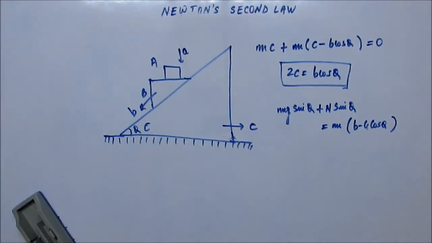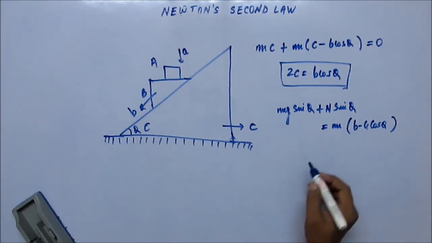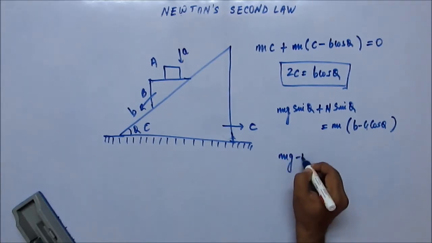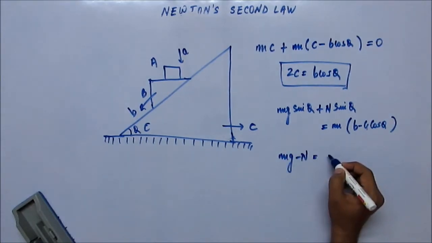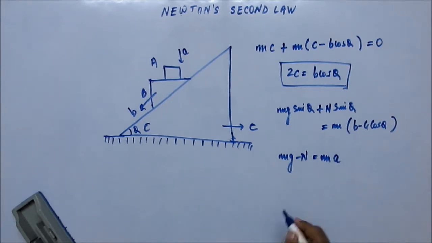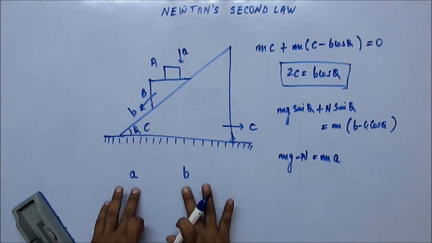Now, for block A, let's write the equation of motion. Block A is moving in the downward direction. So the net force for block A in the downward direction is mg minus n. That should be equal to mass of A into acceleration of A. Now, the acceleration of A would be a, but there's a relation between A and B. Now, what is that relation?